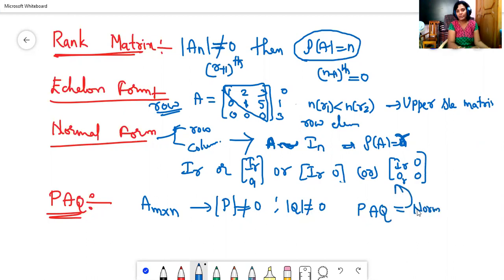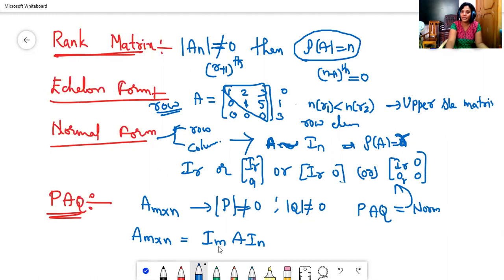By using the A matrix, suppose A is an m by n order matrix, then we take the left identity as the row order, and the right identity as the column order.